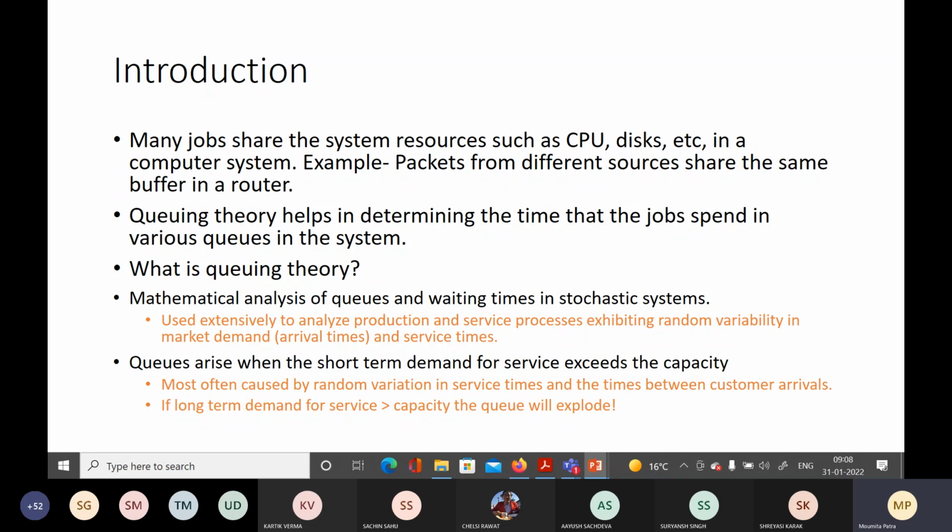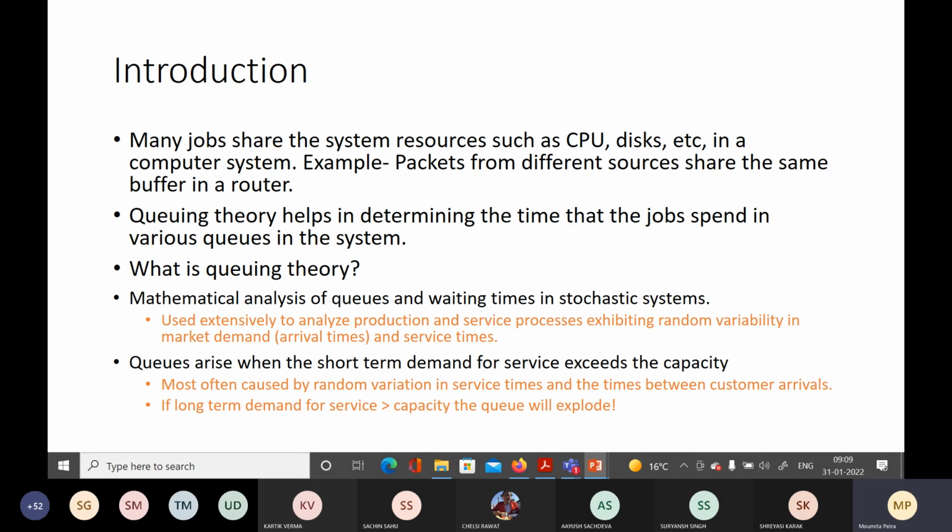Now, as an introduction, when we are talking about queuing systems, why do we need such systems? As a computer scientist, why would we need to study queuing theory? The first example that might come to your mind is routers, which you have already studied.